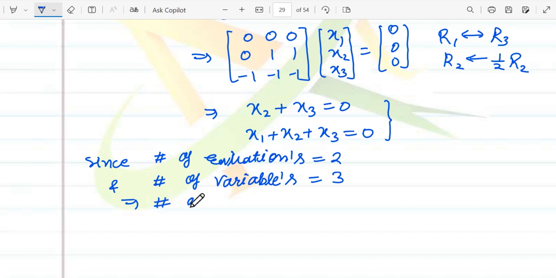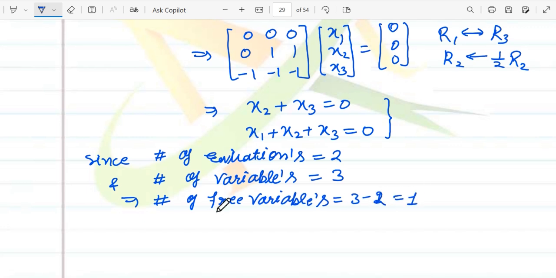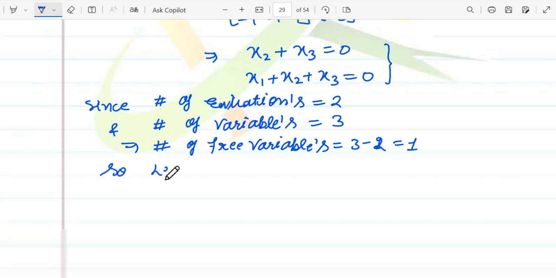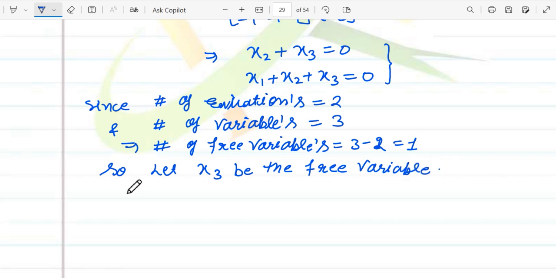This implies number of free variables is equal to 3 minus 2 is equal to 1. So let x3 be the free variable. So let x3 is equal to k.